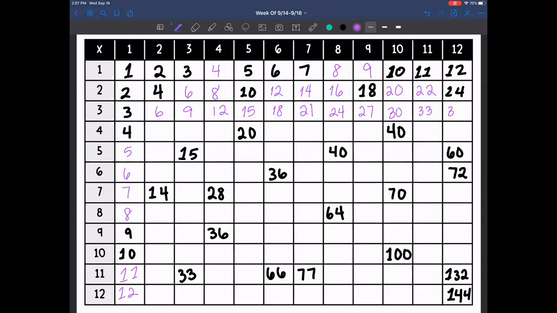Oh, right, I almost missed the 12. All right, so let's keep going. The 4s.